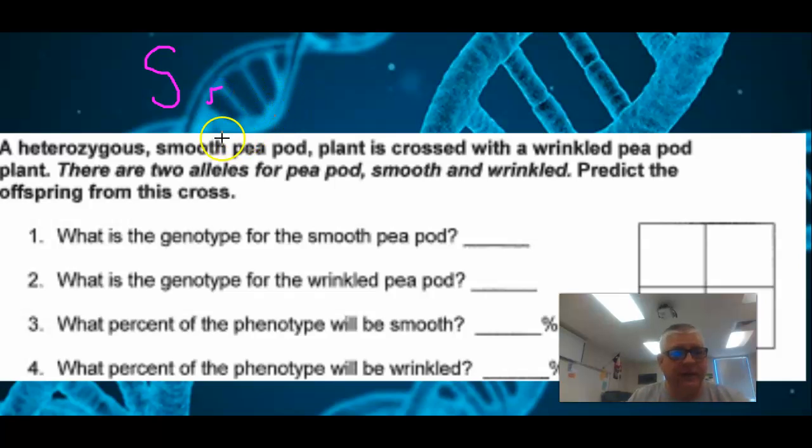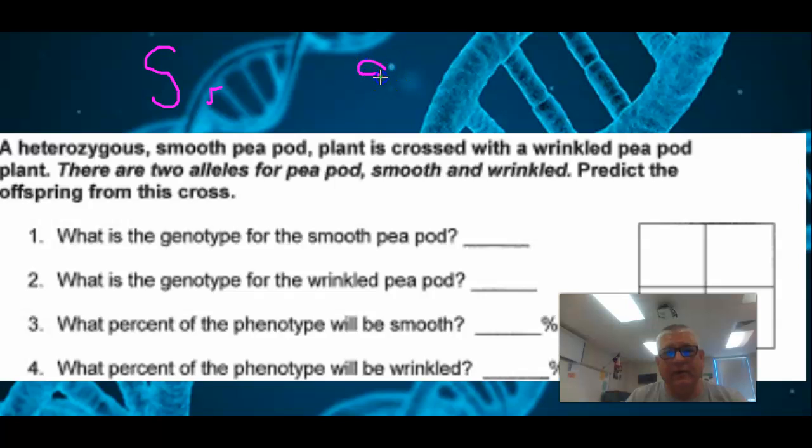All right, there we go. Capital, lowercase. Heterozygous means you have one dominant, one recessive. Which one's going to win? The dominant's going to win. What do we know? It says right here that it's a smooth pea pod. Okay, so smooth, if it's smooth, it has to have one dominant and one recessive, or two dominant. And it says it's heterozygous, so this is heterozygous.